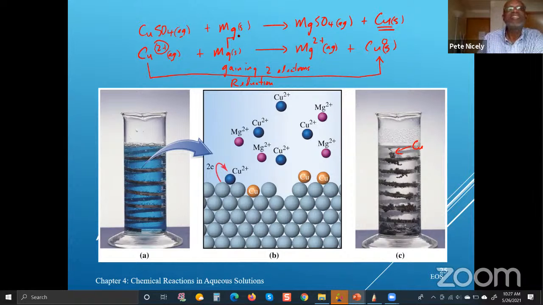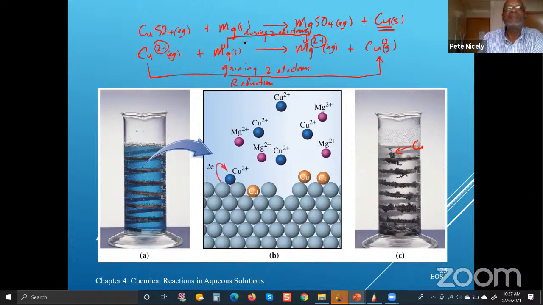On the other hand, the magnesium is undergoing a change in oxidation number from 0 on the left to +2 on the right. In other words, the magnesium is losing 2 electrons. I hope you can see what I'm writing here.